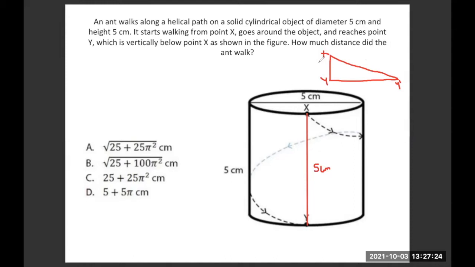So I don't know the hypotenuse, I know the height, which is 5. डायमीटर सर्कल का 5 है, रेडियस 2.5 होगा, तो can I know this horizontal length? 5 pi. हॉरिजॉन्टल लेंथ कितना होगा? 5 pi, बराबर, pi d. So 5 pi.